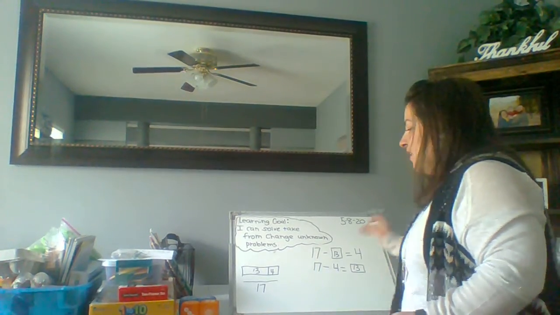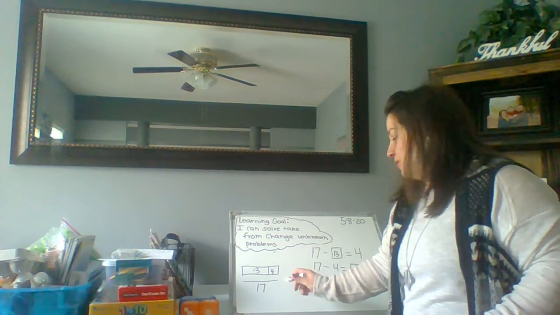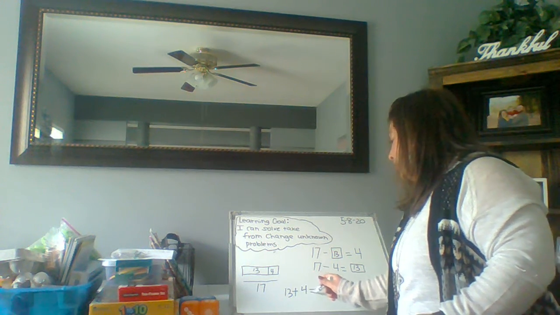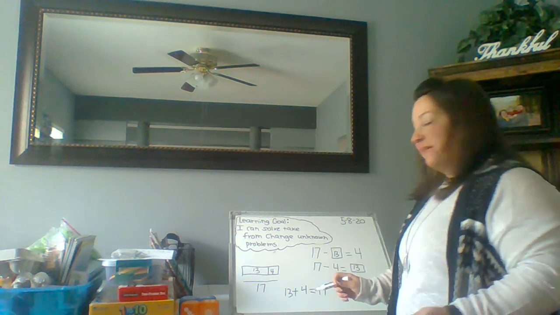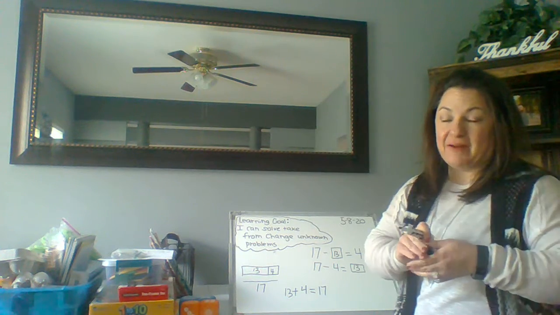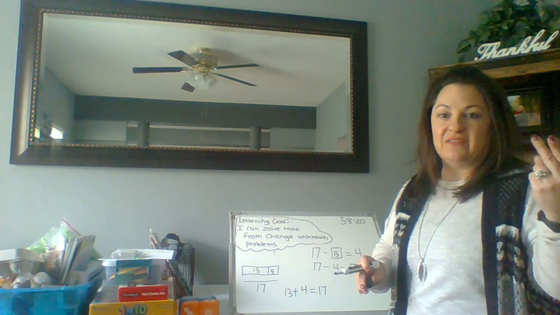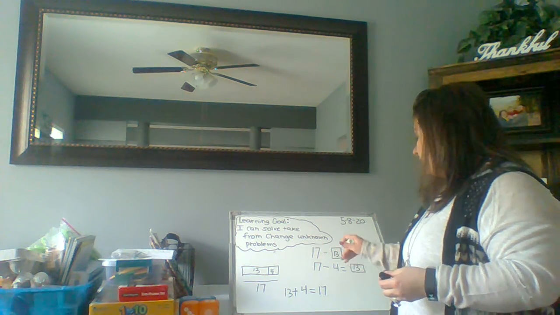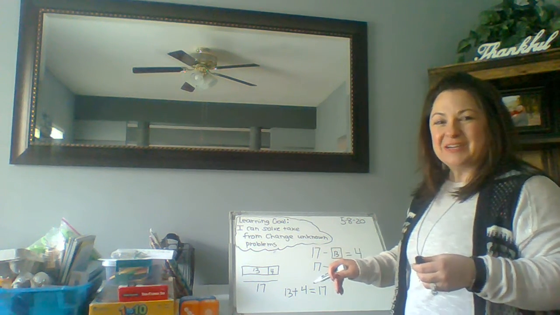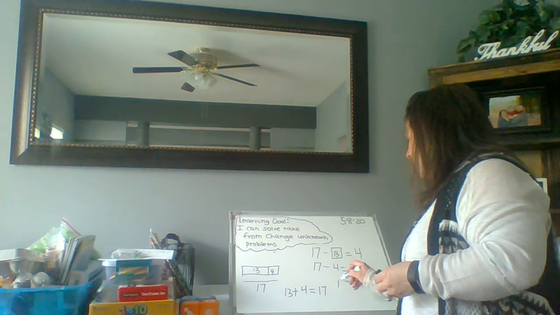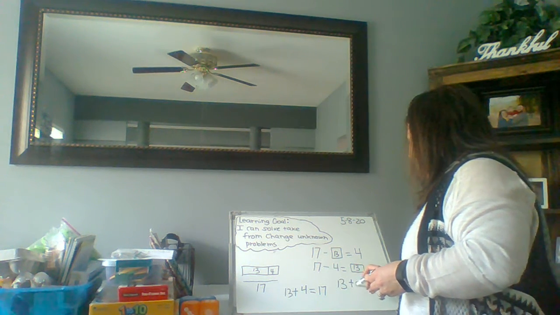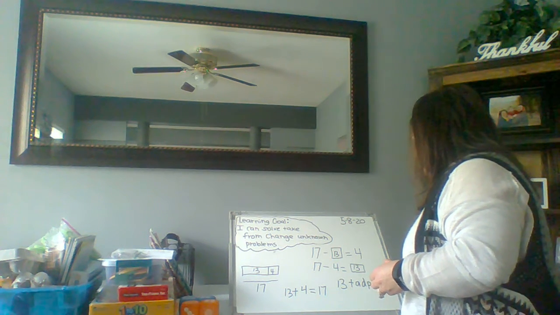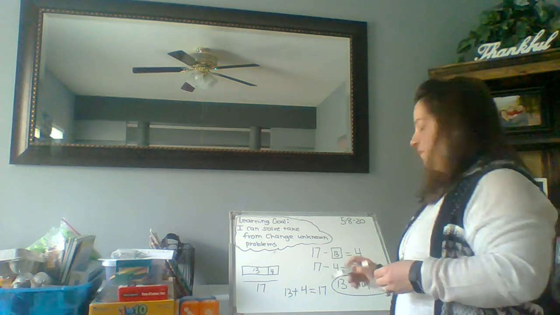If we add those two numbers together, 13 and 4, we should get 17. Put 13 in your head and count up 4 more. 14, 15, 16, 17. So we know that 13 is the correct answer. So you would write 13 tadpoles. We do not want to forget our label.